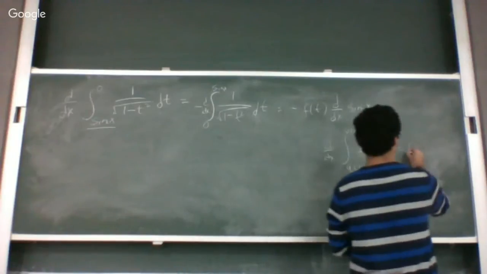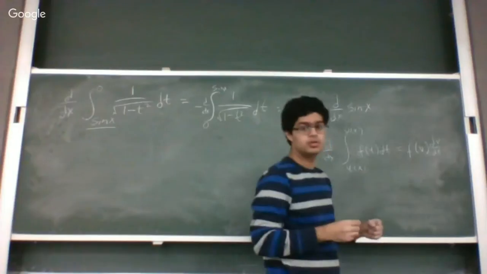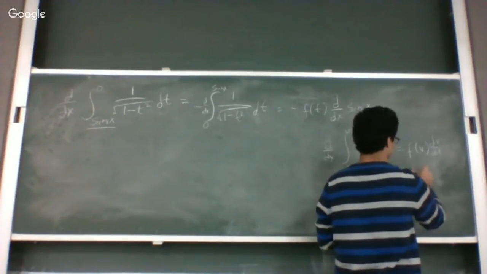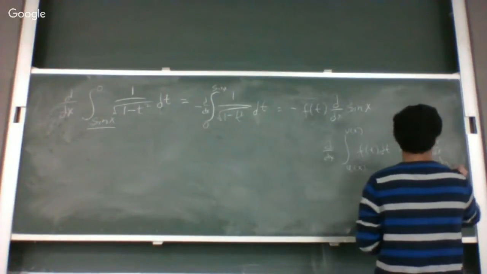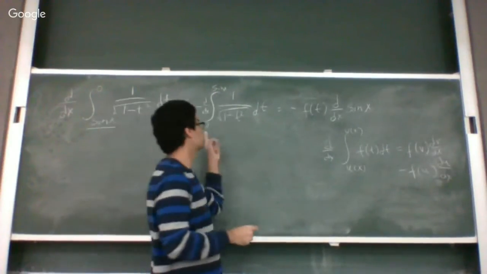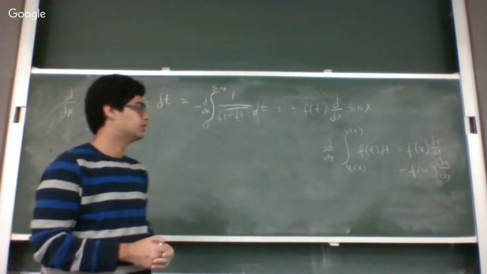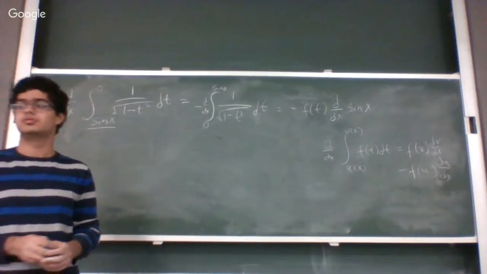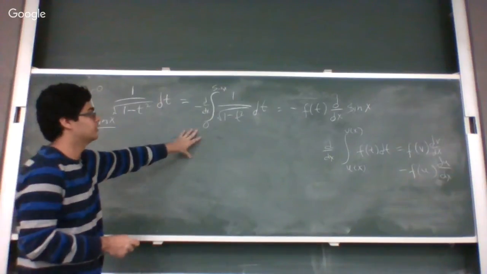This is equal to f of v times dv/dx minus f of u times du/dx. Since our lower limit is u, the derivative of a constant is 0. That was Leibniz's rule that you guys learned in class, and that's what we're applying to this.